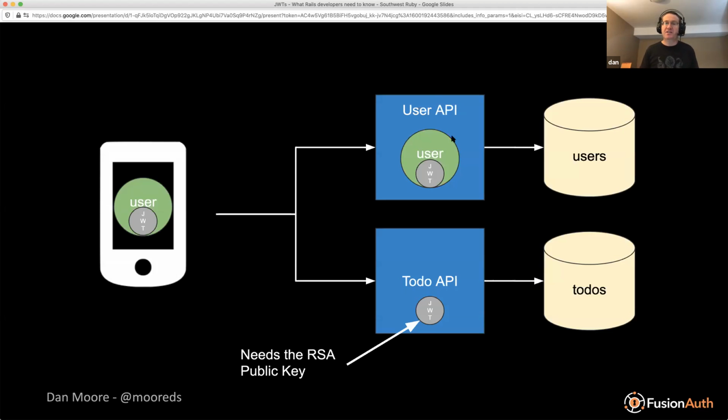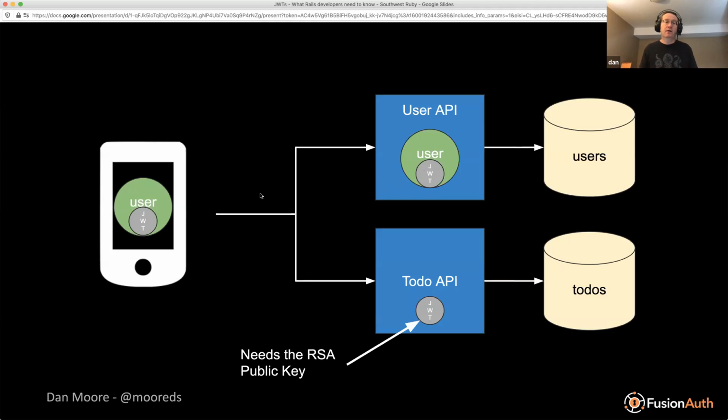So imagine that the user API is run by one part of your organization, the to-do API is run by another part, or possibly an entirely different company that you just want to allow to have access to the system, right? Or to have access to you, to know who your users are. Well, what you can do is sign the JWT with a private key, which again should be stored securely the same way as all your private information is stored.